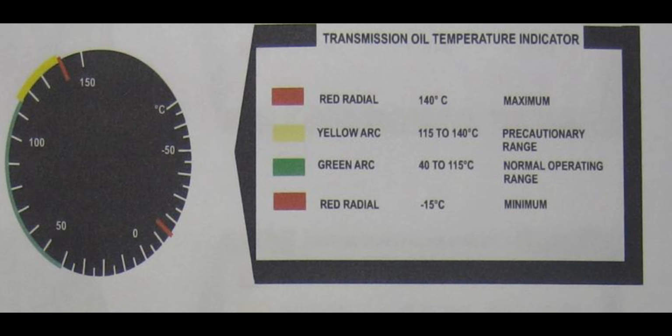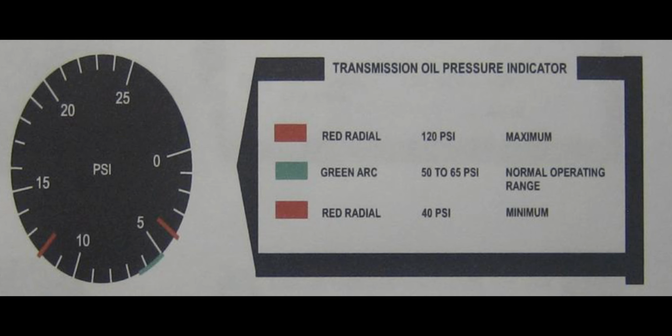Normal operating range 40 degrees Celsius to 115 degrees Celsius, green arc. Minimum -15 degrees Celsius, red radial line. Note: the main transmission oil temperature indicator is connected to an oil temperature bulb adjacent to the main transmission oil outlet port.